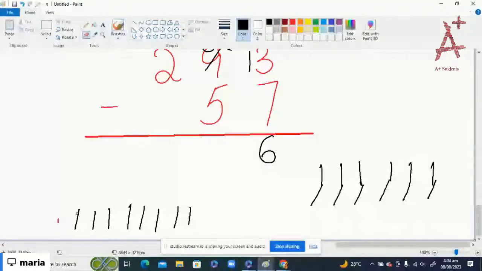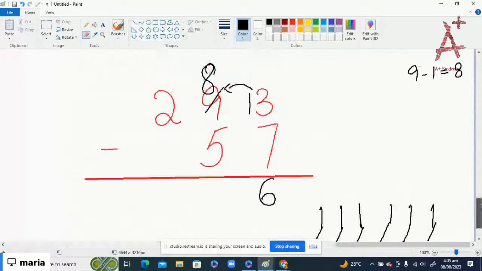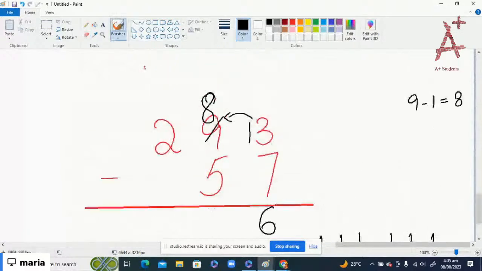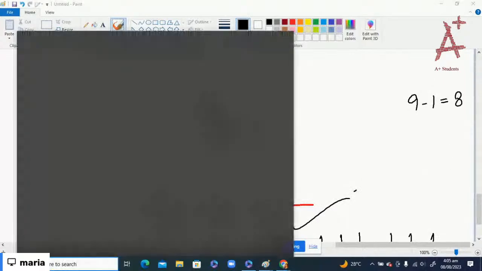Remove 5: 1, 2, 3, 4, and 5. How much is left? Only 3. Let's write the answer 3, and your 2 stays as it is. So 293 minus 57, you got the answer 236. Okay, let's do the next.